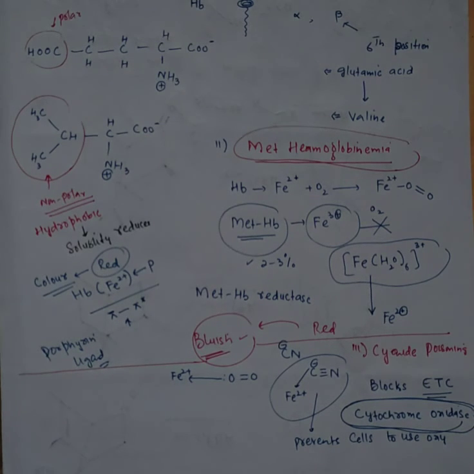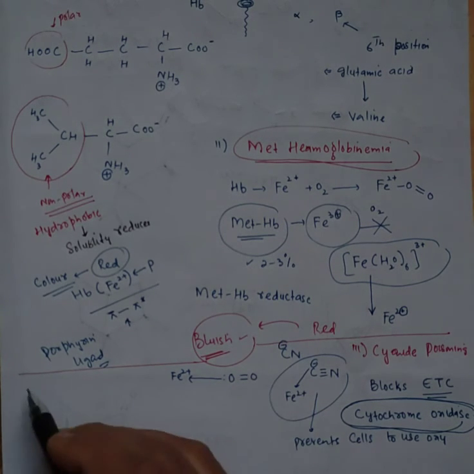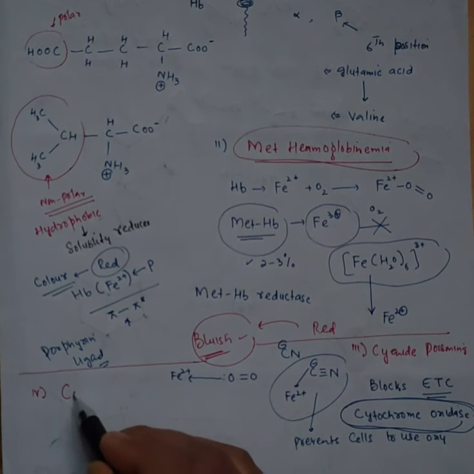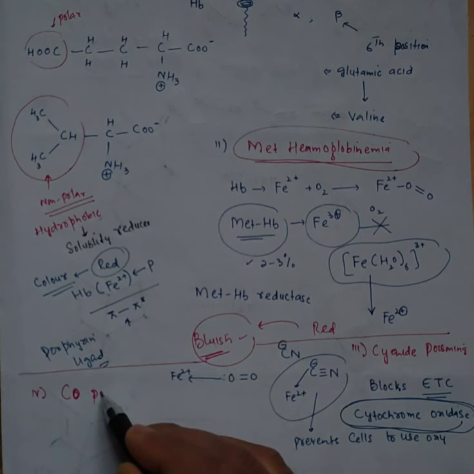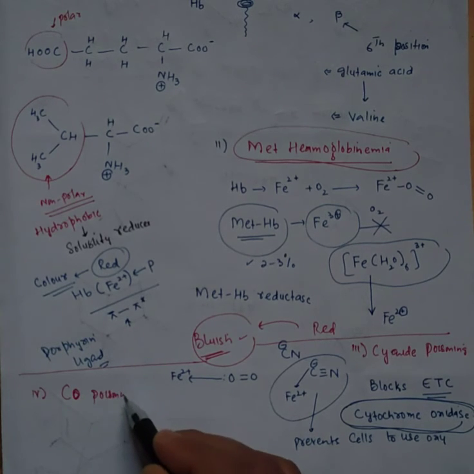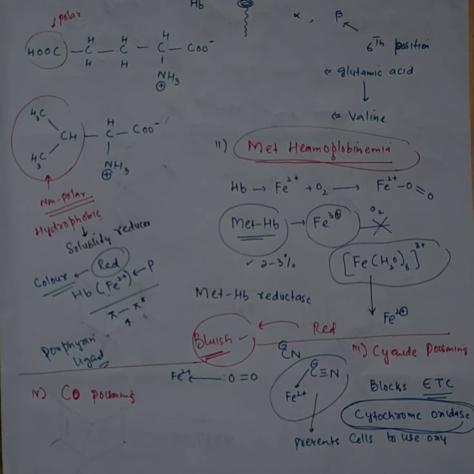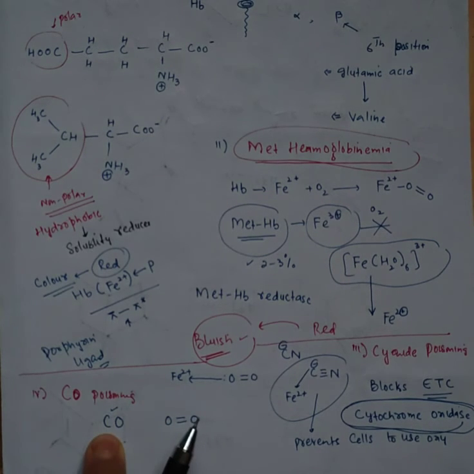Now, there's one more question that we can discuss. Carbon monoxide poisoning also. This is very important. So I can discuss here carbon monoxide poisoning, CO. Basically carbon monoxide is also a ligand, CO, and this is a stronger ligand than oxygen.